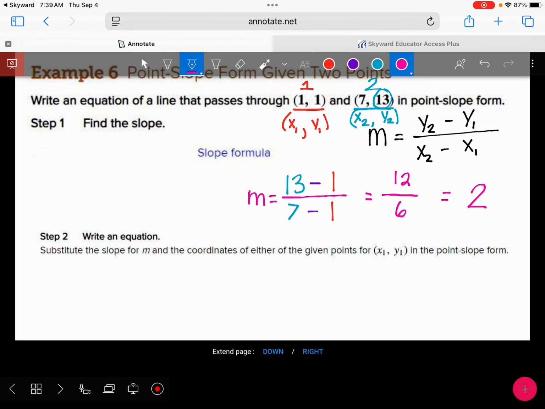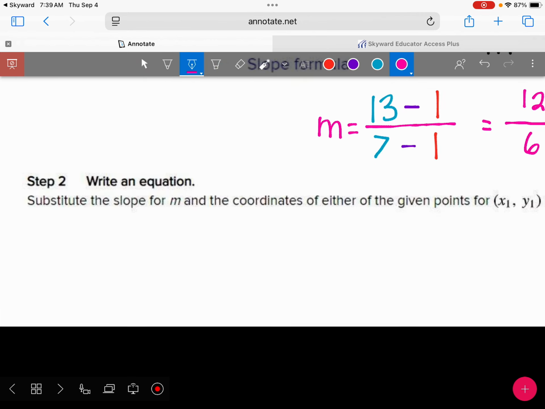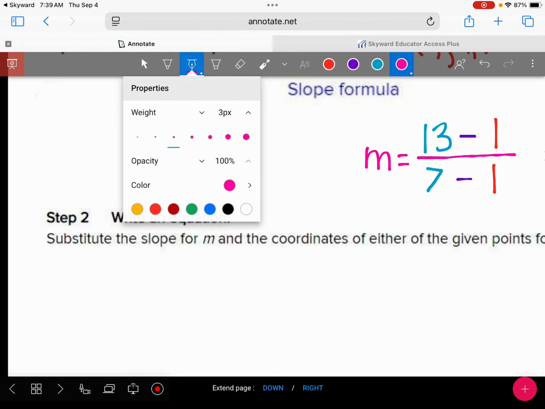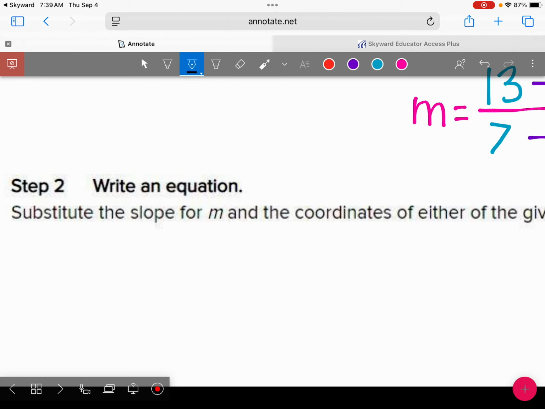From there, now I could write an equation in point slope form. I've got 2 points. Pick one. So we now know our slope, and I know 2 points, so we just need to pick which one to do. And I can use either point. I could set this up with my point number 1.